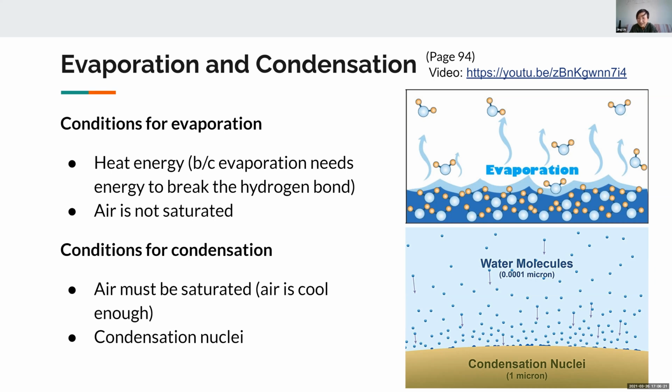And you also need condensation nuclei, which are tiny particles or liquid droplets that the gas water can grab onto. So when it condenses on those surfaces, your droplet becomes bigger and bigger. That is your condensation. Remember those conditions for each.